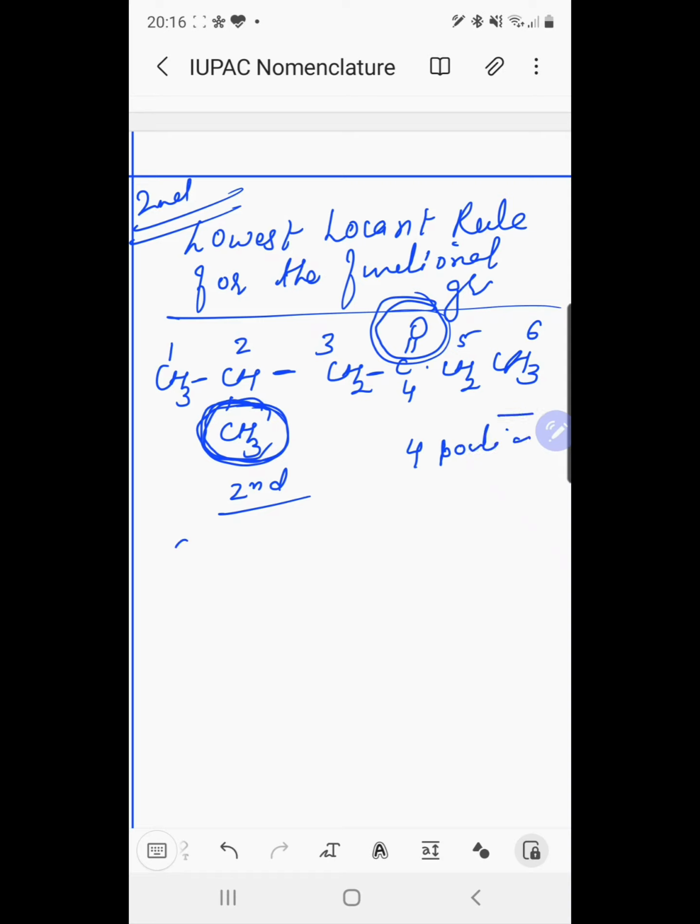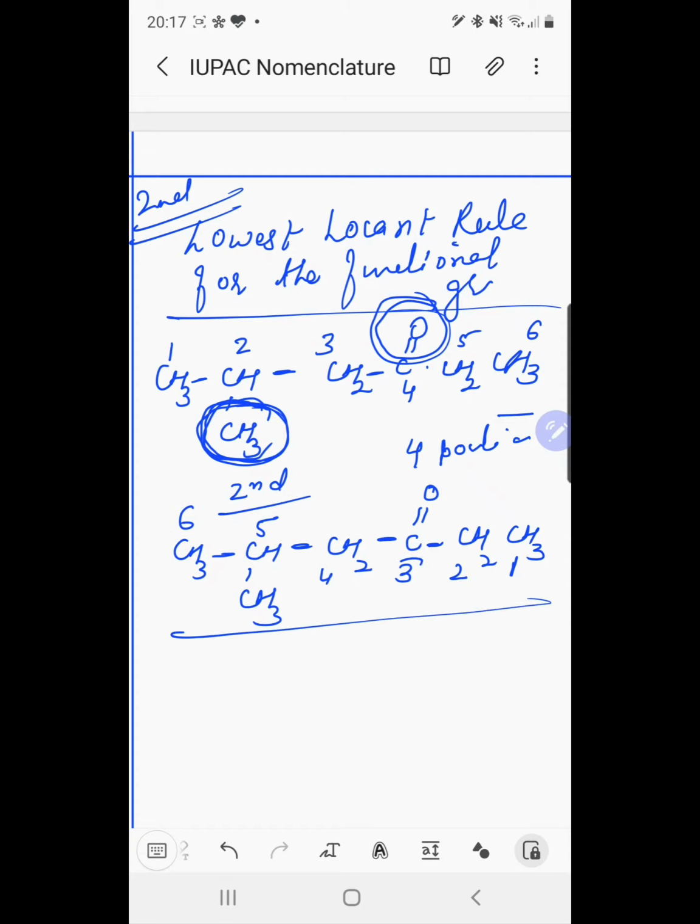But we have to number this compound from the side where the functional group gets the lowest number, the lowest locant. That means we start the numbering from this end: 1, 2, 3, 4, 5 and 6. So this is the correct method. Here the ketone group gets the third position and the methyl group gets the fifth position.